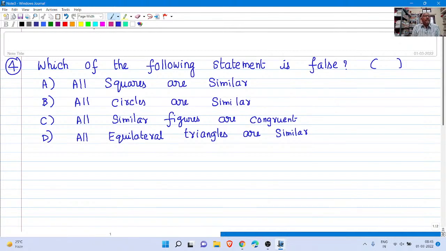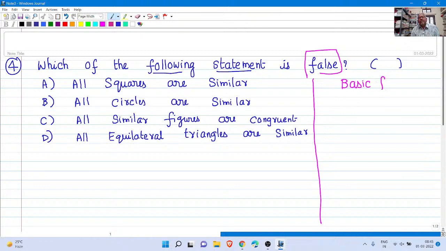See this question now. Which of the following statements is false? That we need to find out. One basic fact we need to discuss. You remember this basic fact; accordingly, we can easily trace out and give the reason for this question.